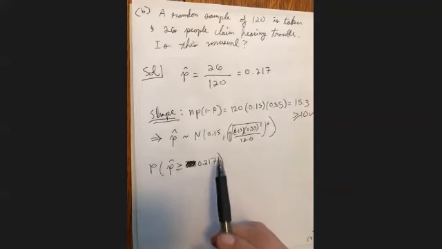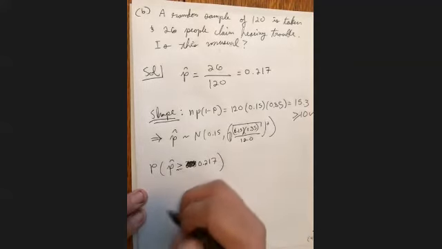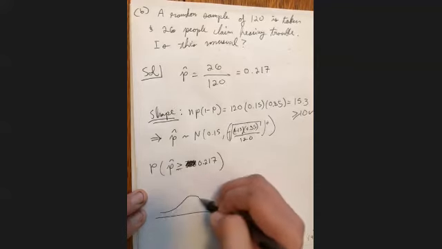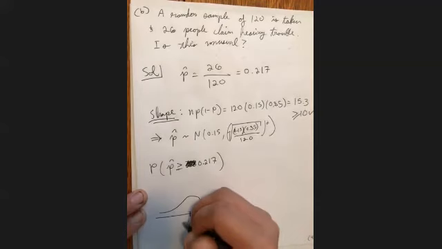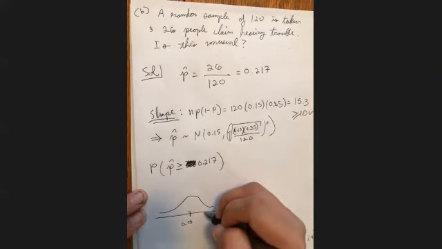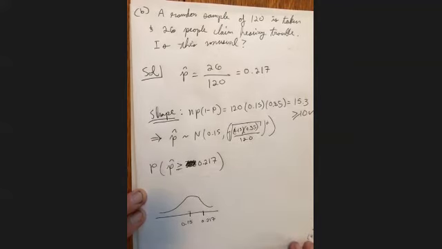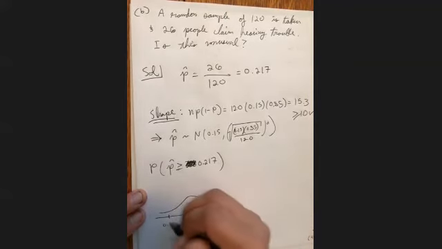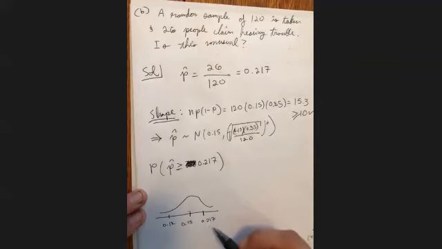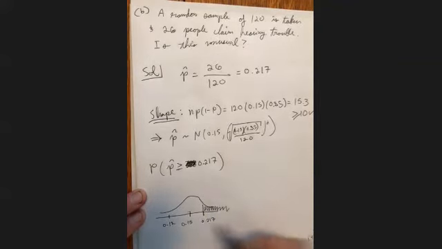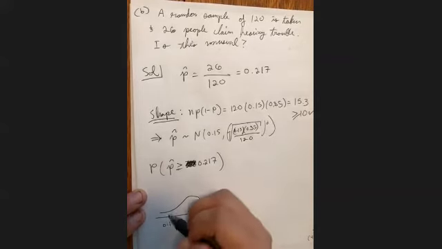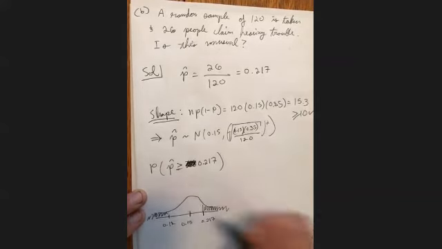The reason is that if you think about the picture of the distribution, it has the mean at 0.15. Now 0.217 falls to the right of that mean, whereas before 0.12 fell to the left. Since this falls to the right, I'm interested in the area to the right of that number, whereas in the other case it fell to the left, so we were interested in the area to the left.